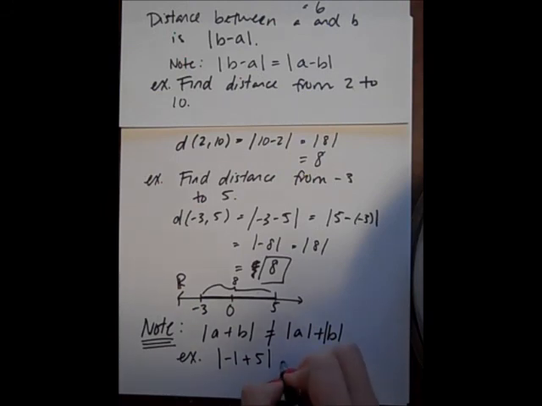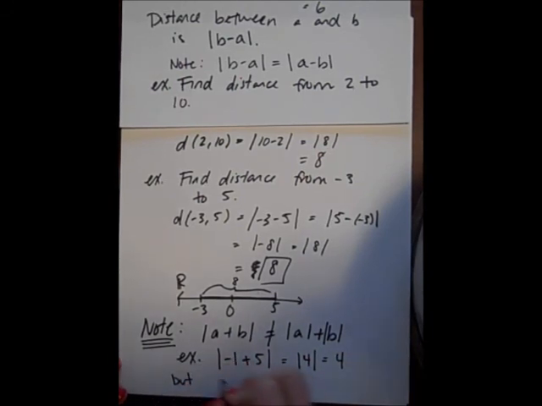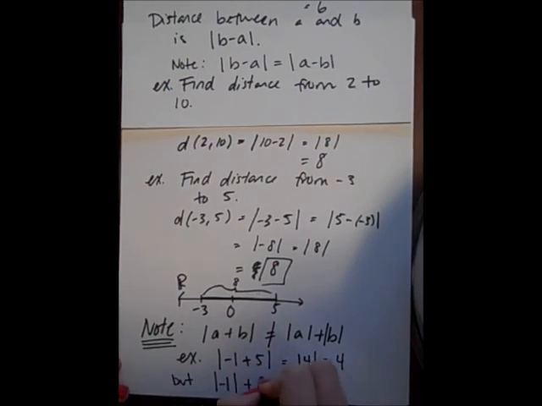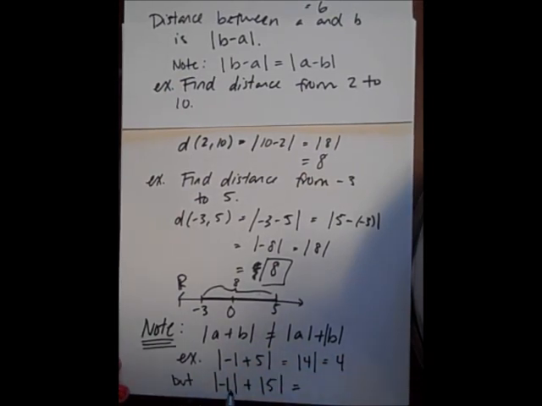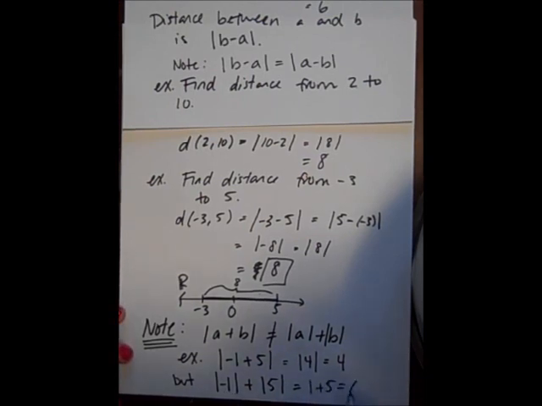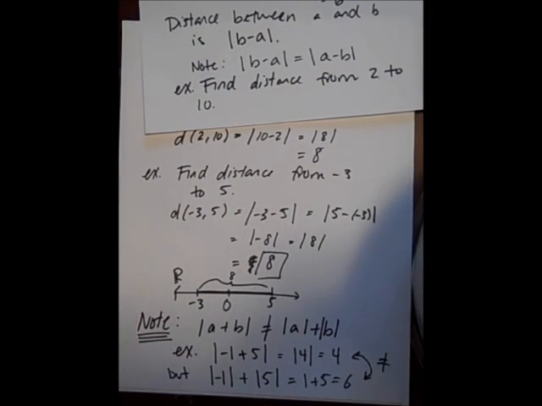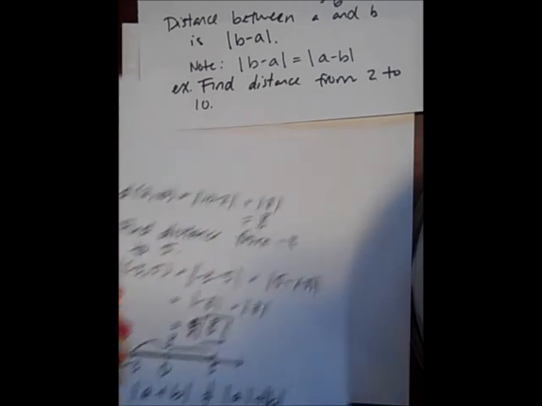Negative 1 plus 5 is 4, and the absolute value of 4 is just 4. But the absolute value of negative 1 plus the absolute value of 5 is 1 plus 5, which is 6. These two are not equal. So just because I'm taking the sum of two things on the inside of the absolute value doesn't mean I can break them apart. If both numbers are positive, then absolutely you can do this, but in general, you can't.